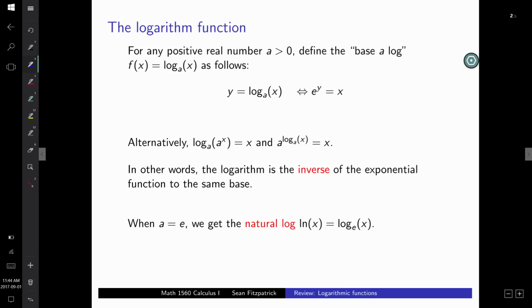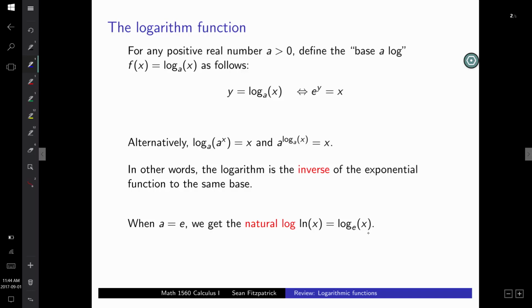So how do we define a log function? Logs have a base just as exponents have a base, and that base has to be some positive real number. We define the logarithm in terms of its relationship with the exponential function. If I plug a number x into the log function, what should the output y be?